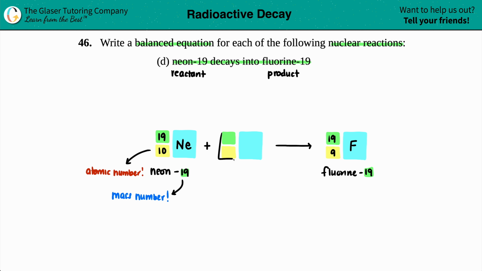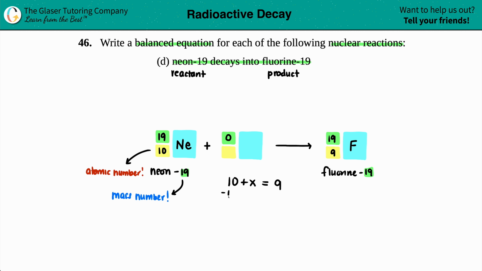Now, we got to figure out what these numbers are, right? 19 yields 19. So I know that this has to be a 0 because 19 plus 0 equals 19. So we're all good. But now 10 plus what will get me a 9, right? If you need to, you could always put it into an algebraic expression. 10 plus what will equal 9.